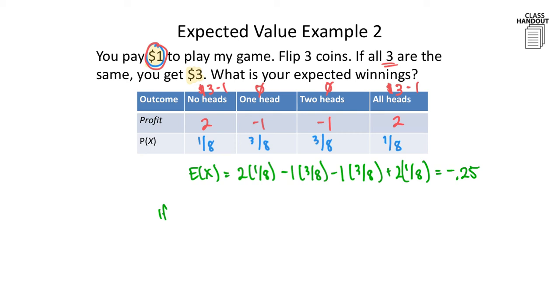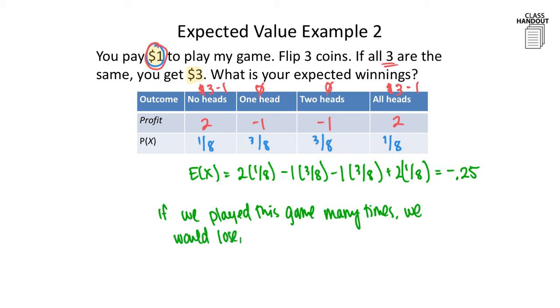So we're going to say if we played this game many times, we would lose, on average, 25 cents per game. So again, the reason why we're saying we lose is because our expected value is negative.